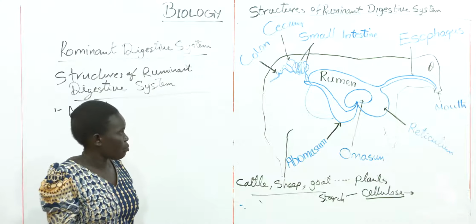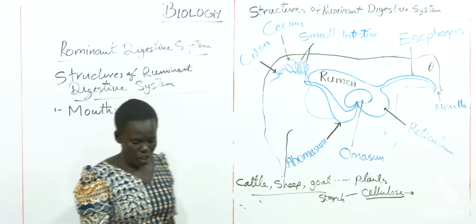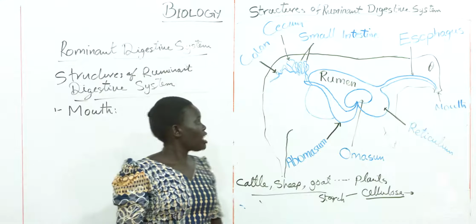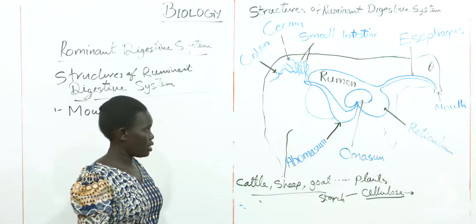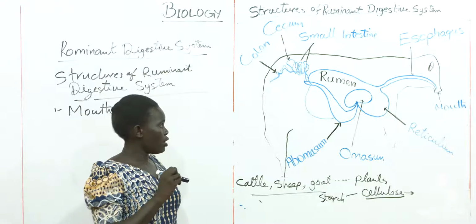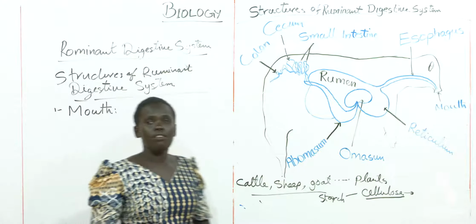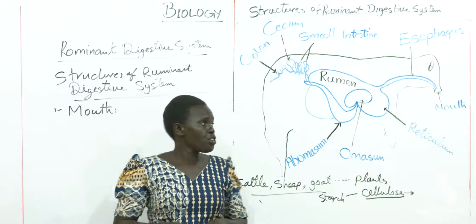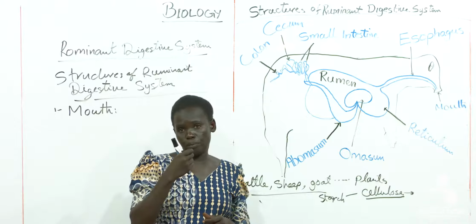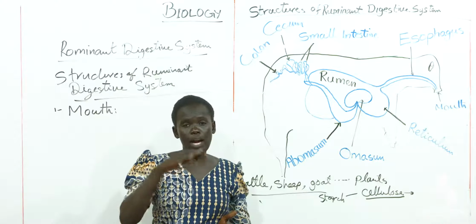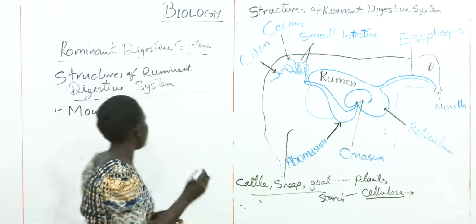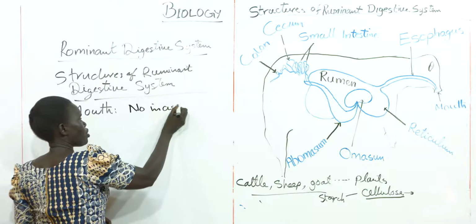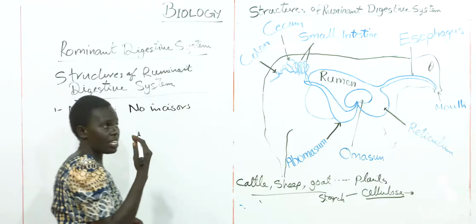The mouth is the entry point of food. But when you look at the ruminant, they don't have upper incisors. Incisors are the type of teeth found at the front. So in the upper jaw they lack incisors, but they have that part very hard.